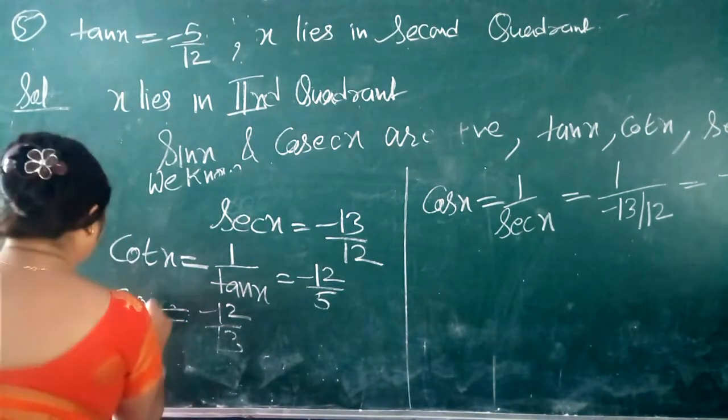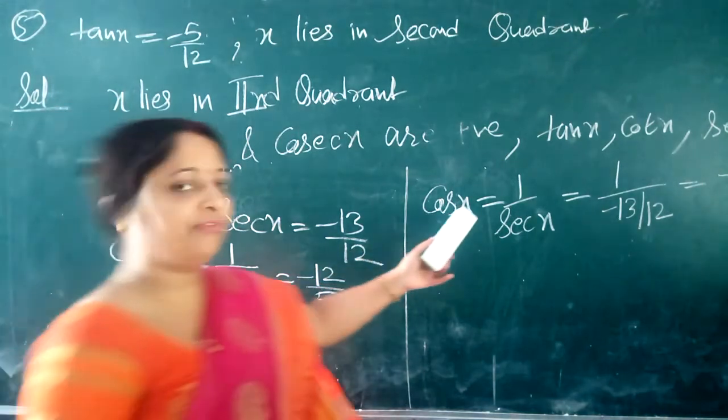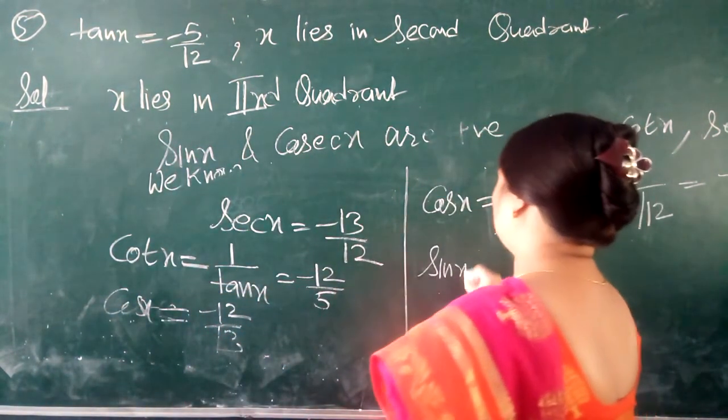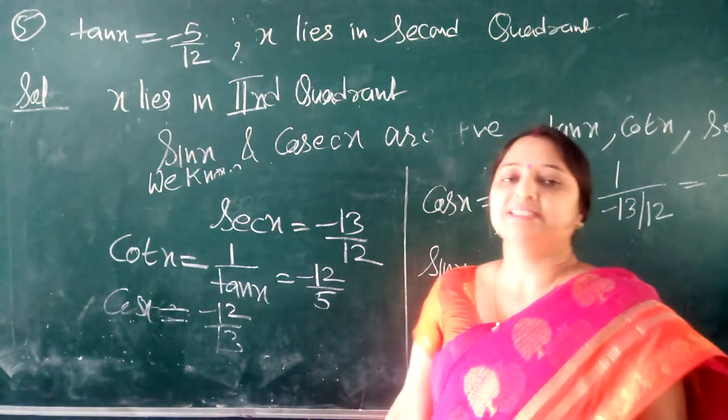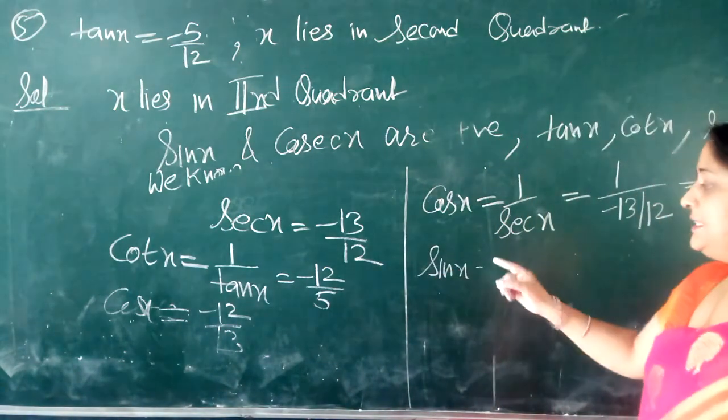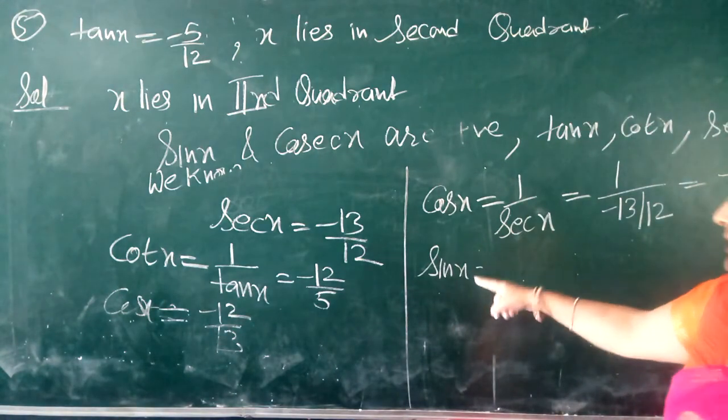After that we can find the value of sin x. How will you find the value of sin x? Students, you know the identity sin square x plus cos square x is equal to 1. So we can find the value of sin x.